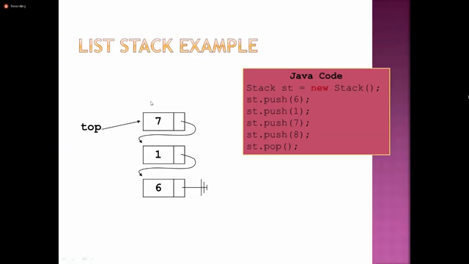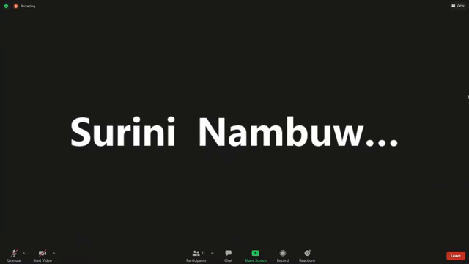Then we have removed the first node element from the stack. Then top is directed to the next element of the stack. That's how you can implement a stack using the linked list.